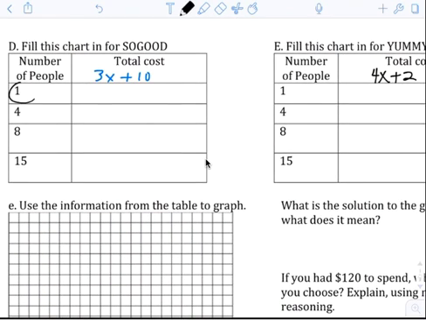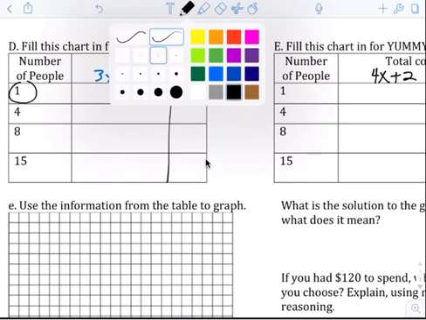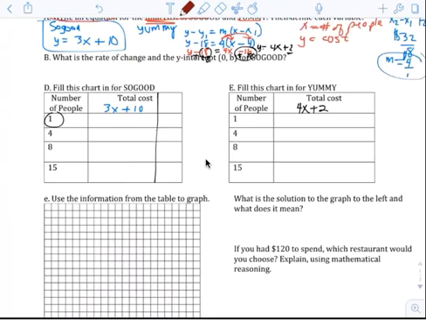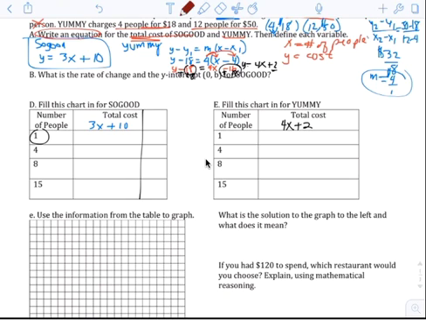Number of people, 1 person. We're going to find our total cost here. X is the number of people. So for one person, 3 times 1 plus 10 is $13. So 1 and 13 here. 4 people, 3 times 4 plus 10.